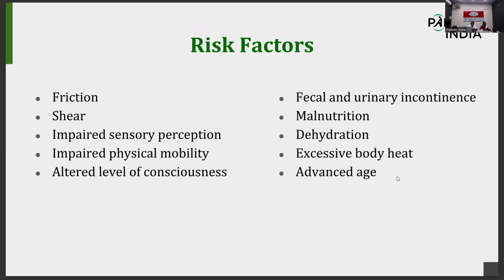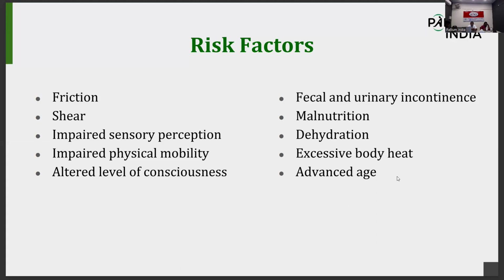The risk factors of pressure ulcer. In which type of patients may pressure ulcers develop? First, due to friction. If the patient is lying down, when we change the bed sheet or the dress, we shift the patient with the bed sheets.